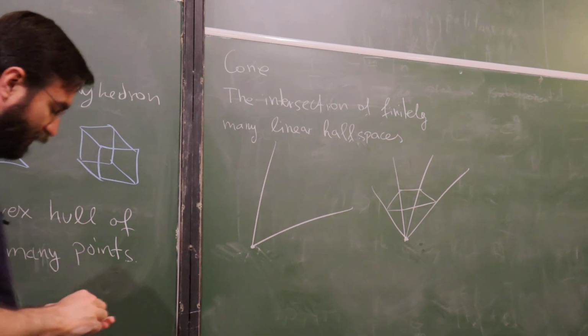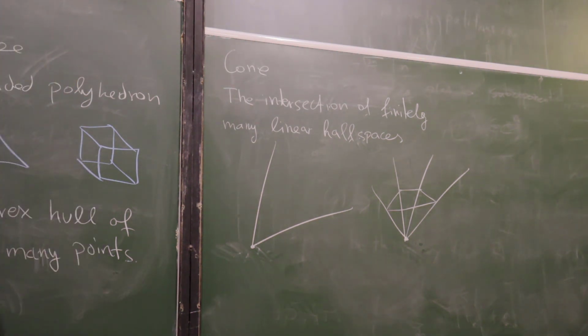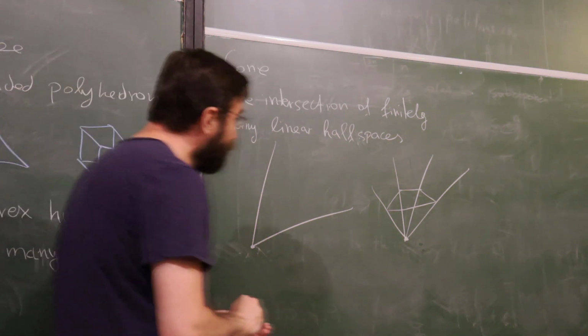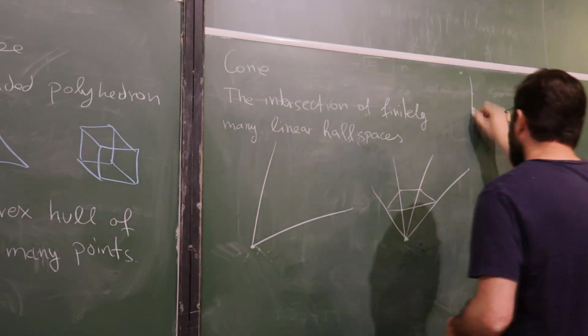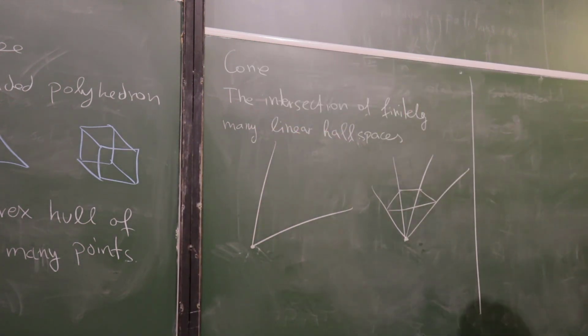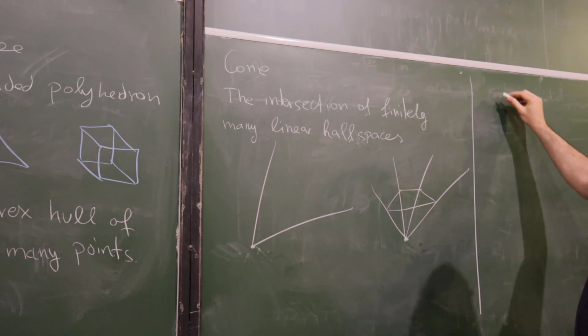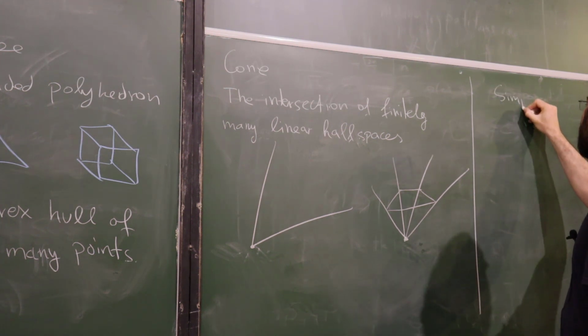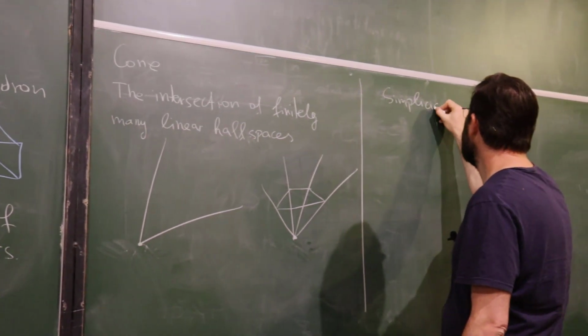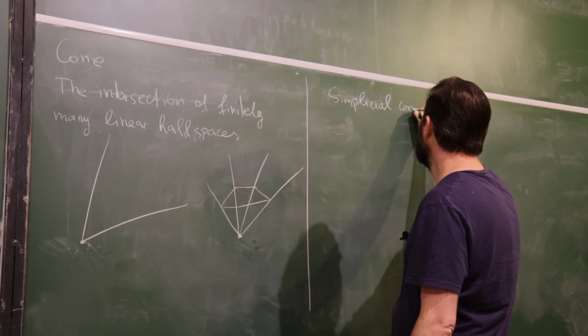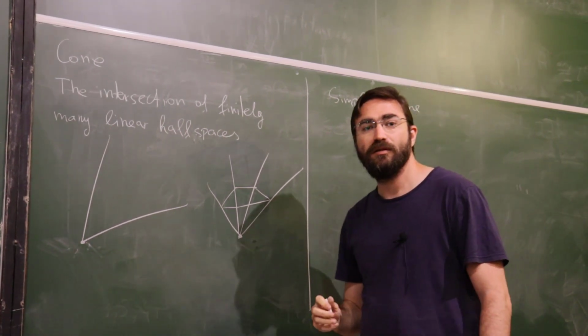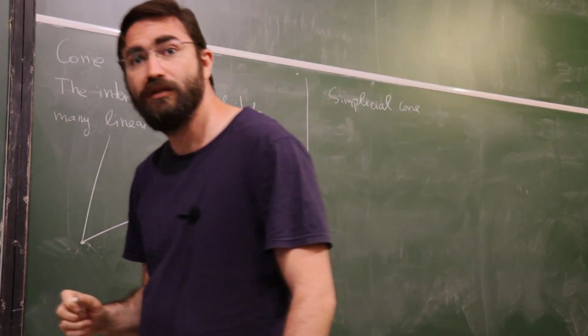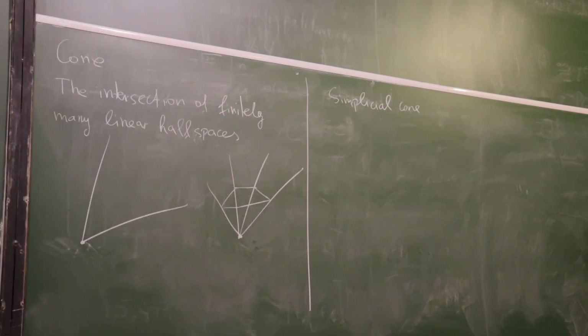Now among cones, we have 2 important cases. Sorry, what's the difference between a half space and a linear half space? The difference is that beta is 0.